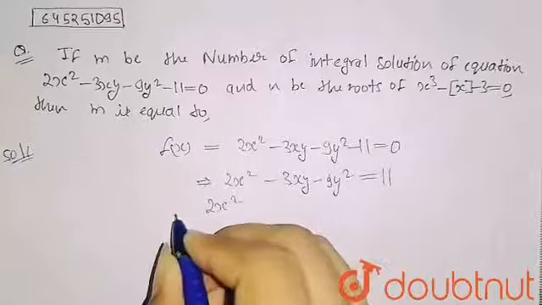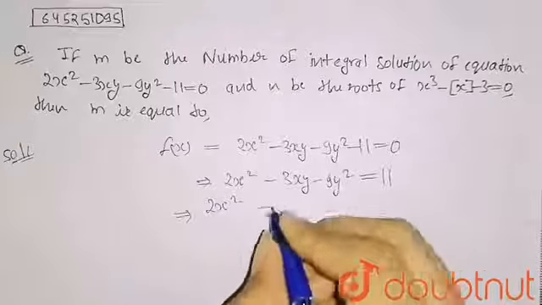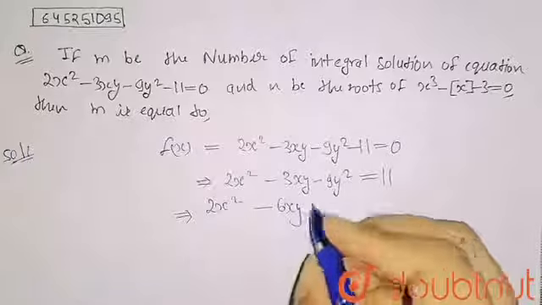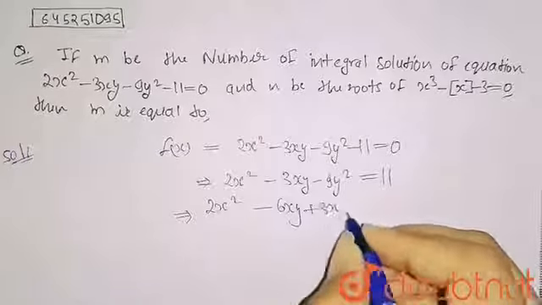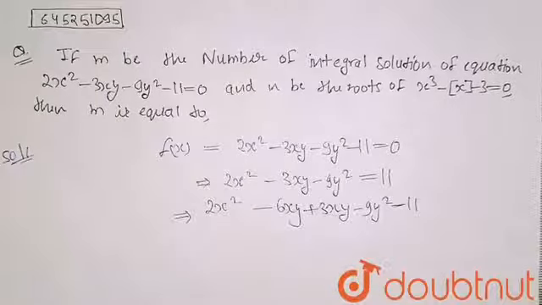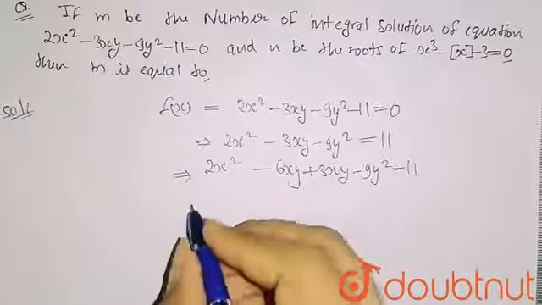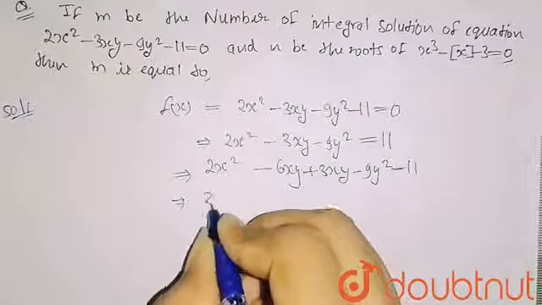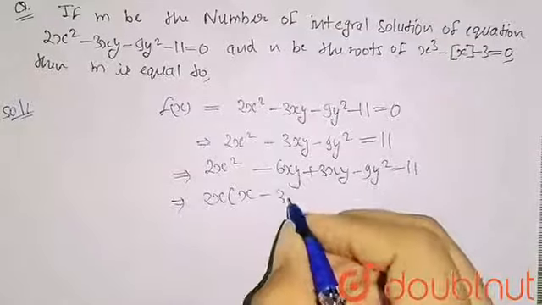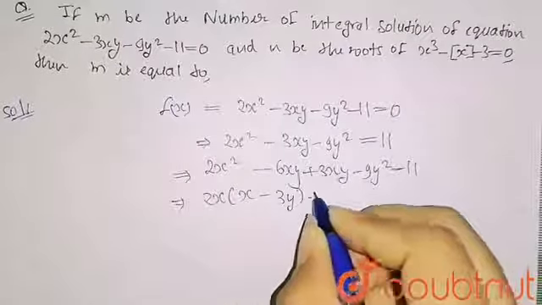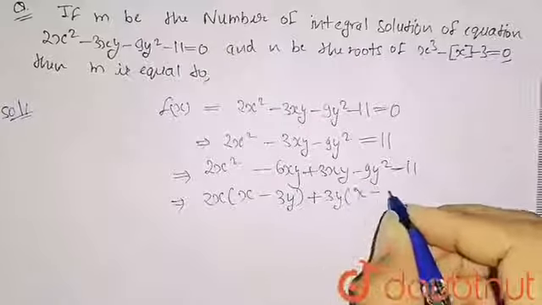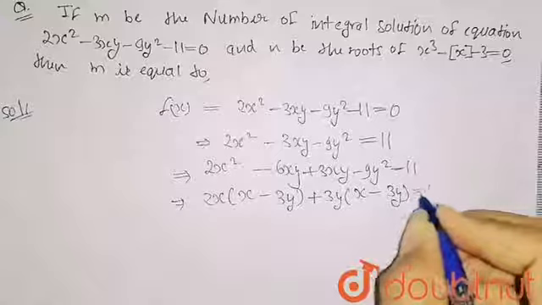Now 2x square minus 6y plus 3xy minus 9y square equals to 11, because I am finding the roots here. Here 2x will be common, so x minus 3y, then 3y will be common, so x minus 3y equals to 11.